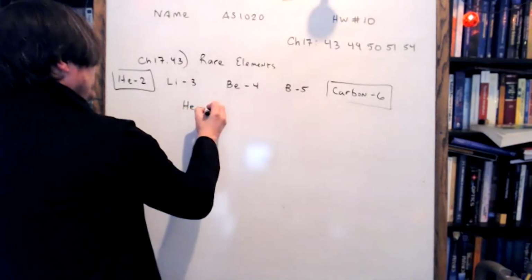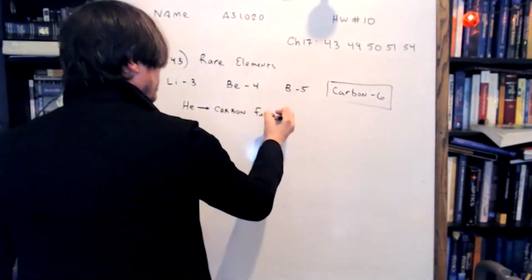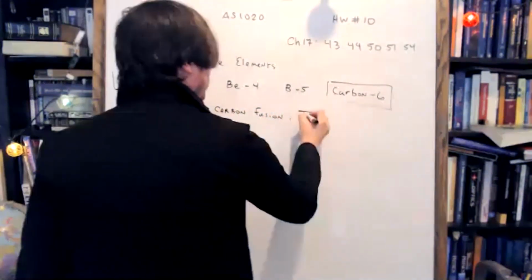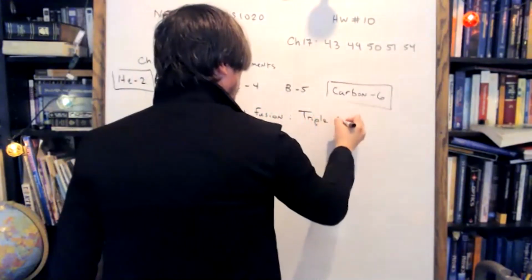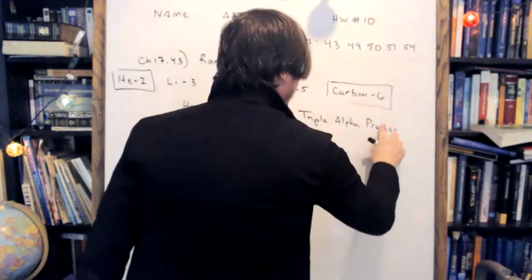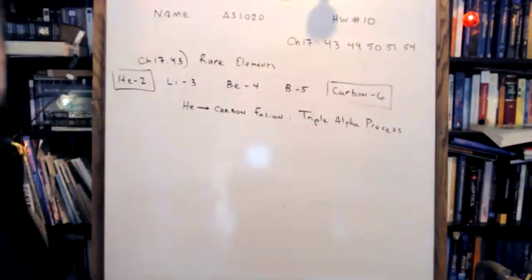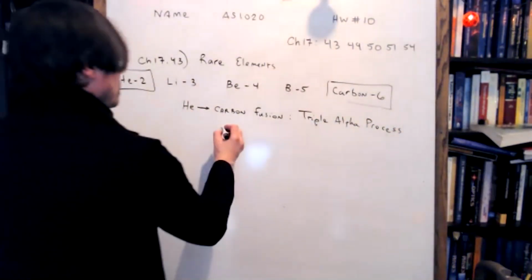So helium to carbon fusion proceeds by a reaction known as the triple alpha process. Let's write it down again, Mateus, until we memorize it. All right? 2 steps to the triple alpha process.